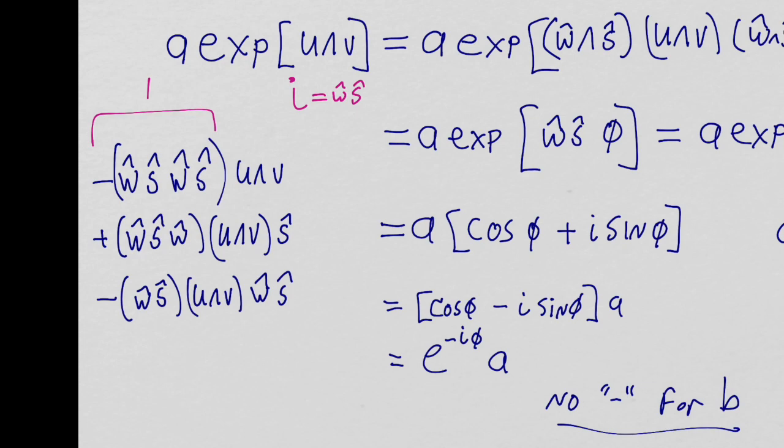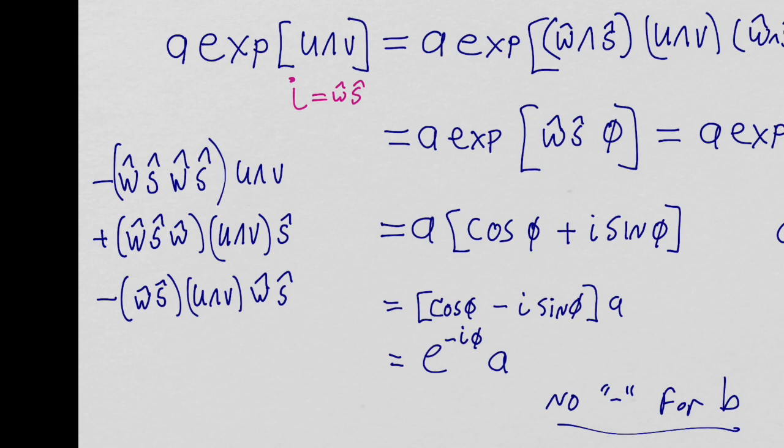But now we start using our knowledge from before, and we say, oh, S is in the plane of the bivector u wedge v, so I can anti-commute S with u wedge v. I bring S over to the right, and I lose the minus sign that was lingering in front. And then W is the same as S. It's in the plane, so I anti-commute it over, and I get my minus sign back.